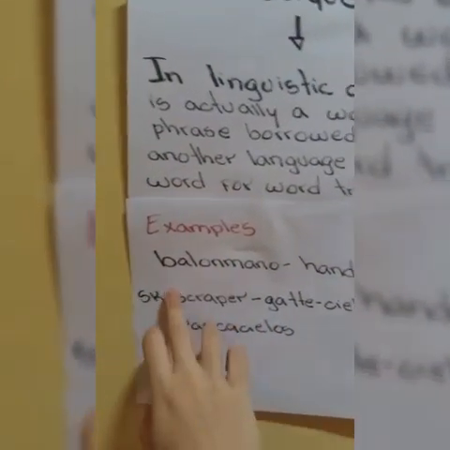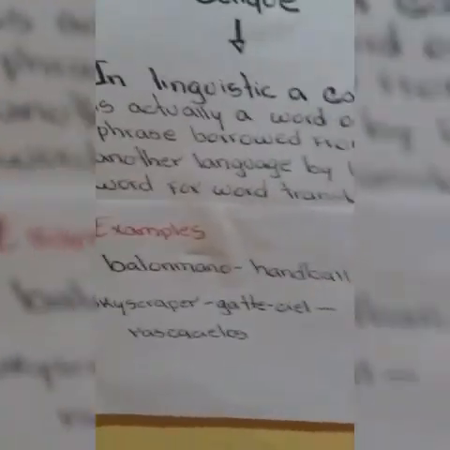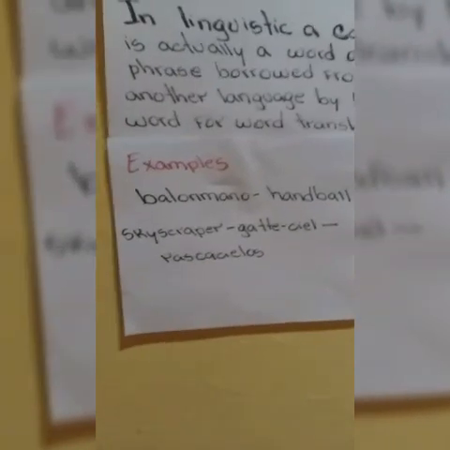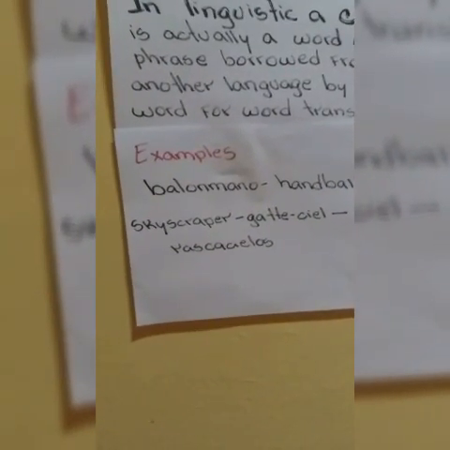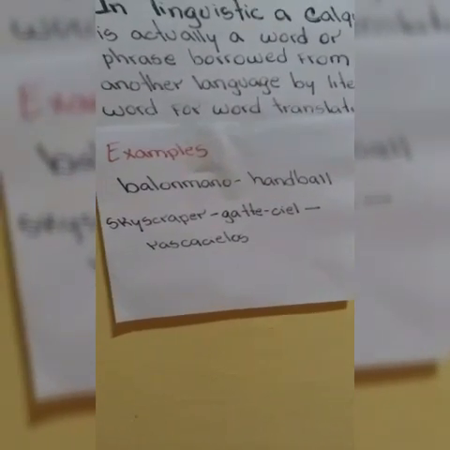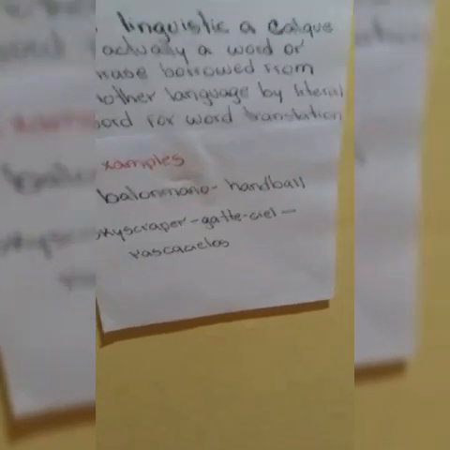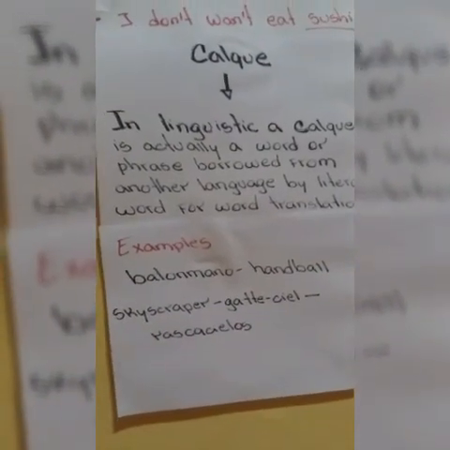Balonmano, when we translate it into English, is "handball." Or another example is "skyscraper" in English, "gratte-ciel" in French, and "rascacielos" in Spanish. This is very simple and easy. In practice, it is just the translation word for word.